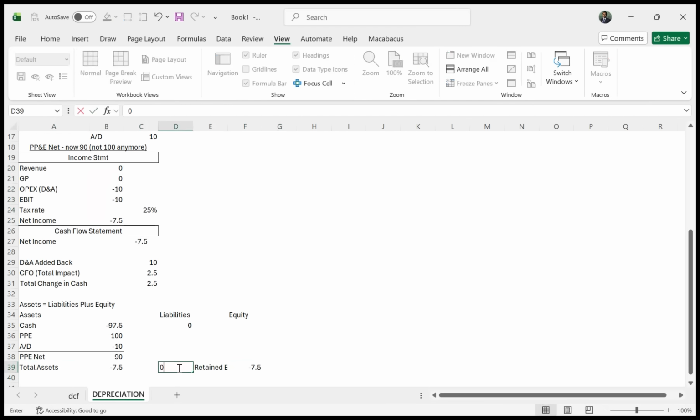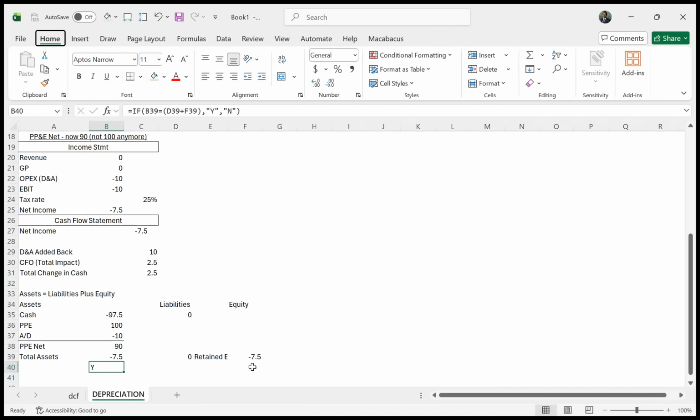So does assets equal liabilities plus equity? The answer is yes.